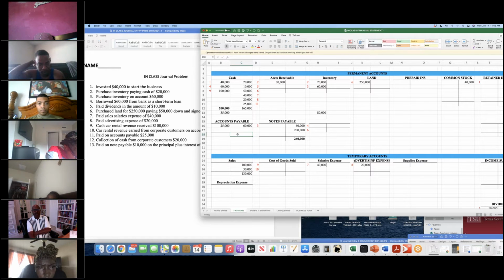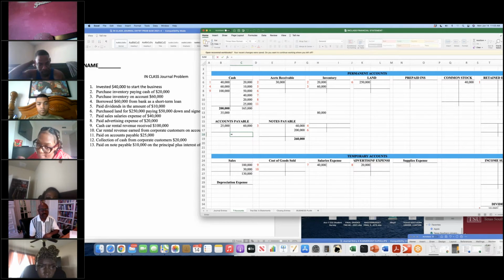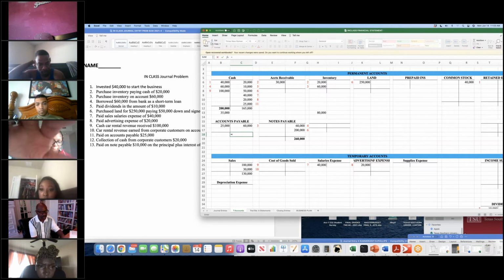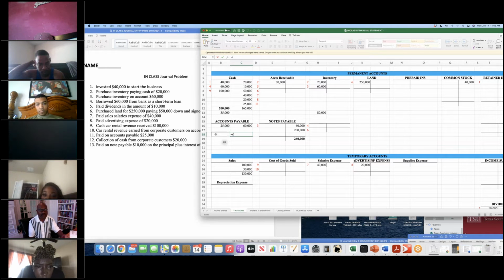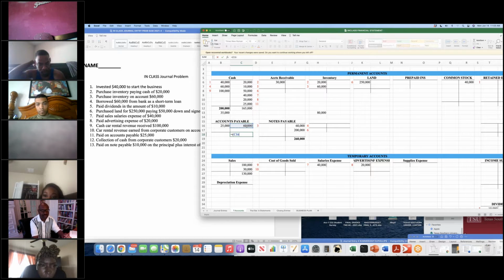Can anybody give me a formula? Equals, open parentheses, and then I will click on the 60,000 and subtract it from the 25,000. And then close parentheses and hit enter.